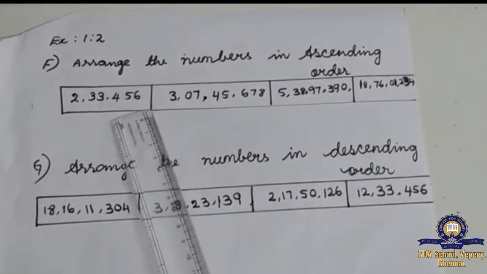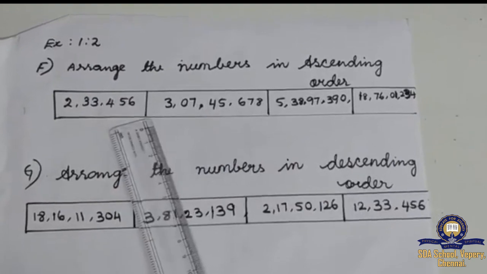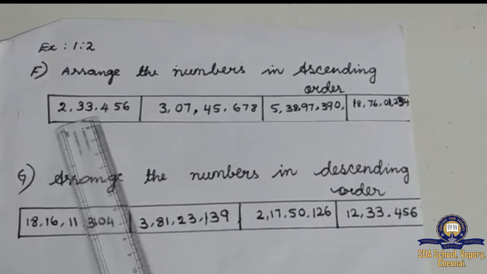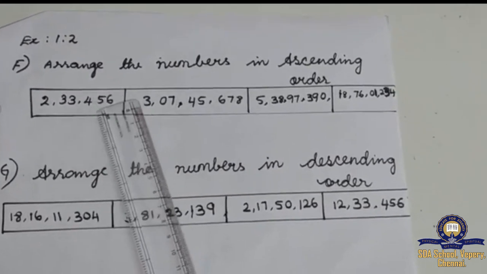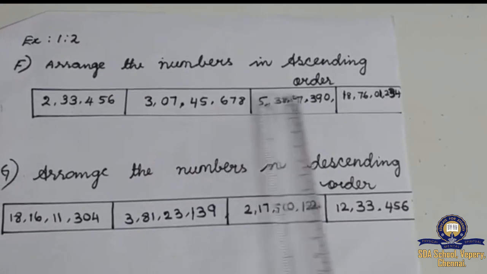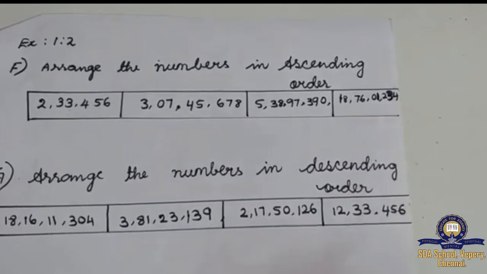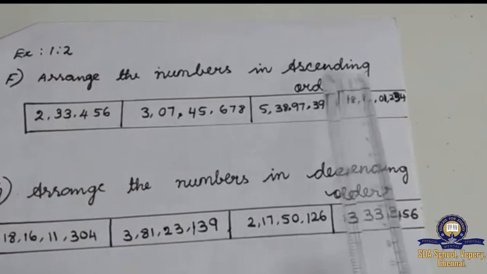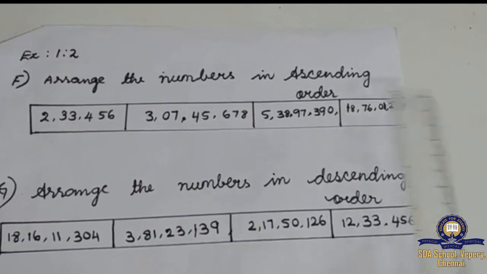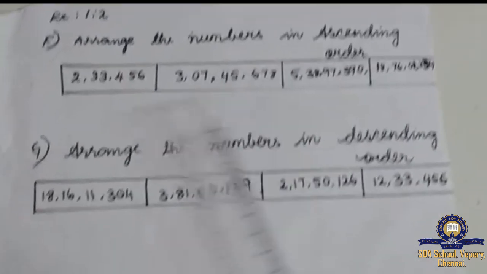See, this is arranged from the smaller number, little bigger, and the biggest number. Like this, we have to write from the smallest, then little bigger, and this is the biggest number, 18 crores 76 lakhs 1,238, the greatest. So arranging from smallest to greatest number.